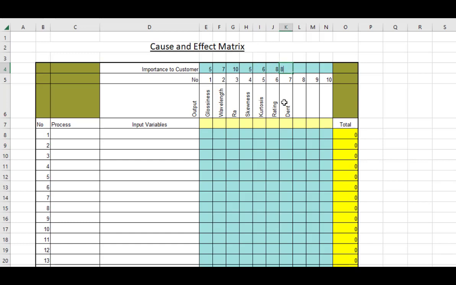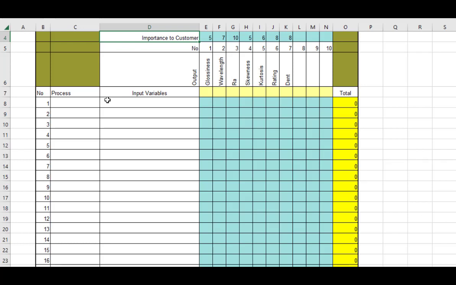Right, so we already gave the importance. Again, for the rating of importance to customer, we can do brainstorming in order to identify the importance of the output to the customer.